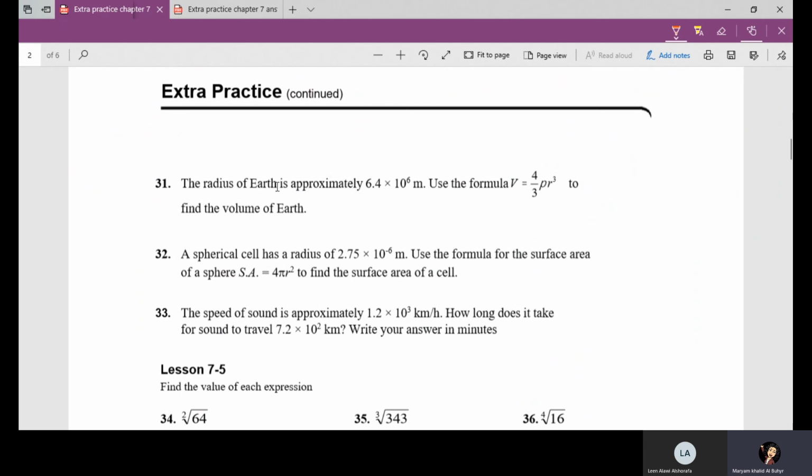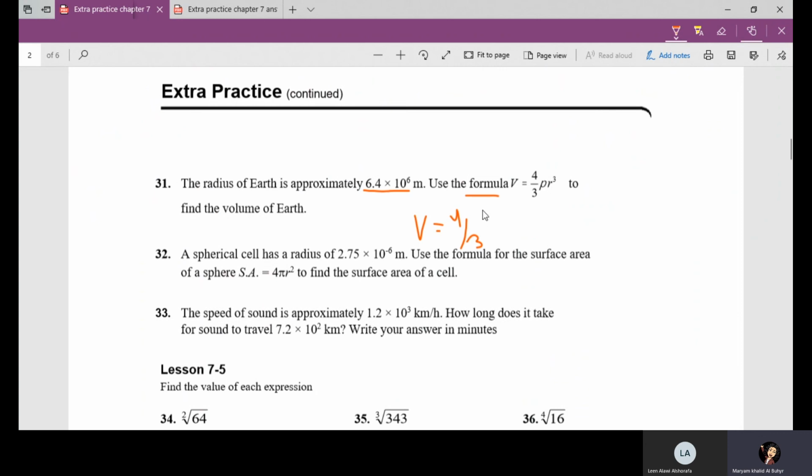So the radius of Earth is approximately this one. Use the formula to find the volume of the Earth. All your job is that they set the radius. The radius is R. So then just substitute V equals 4 over 3, P, I think the P is the gravity, so volume is P. What is P?